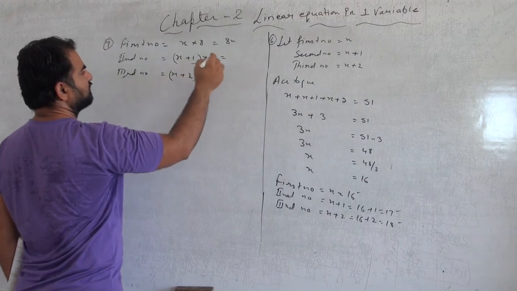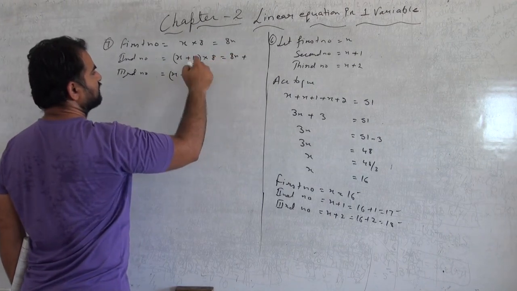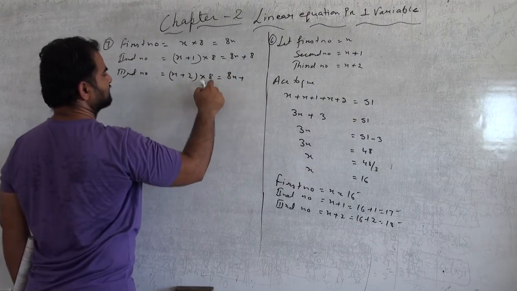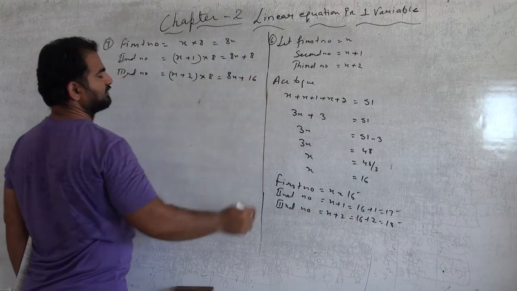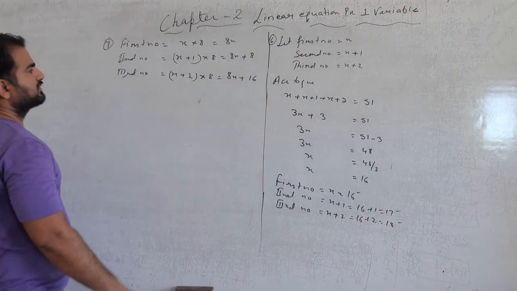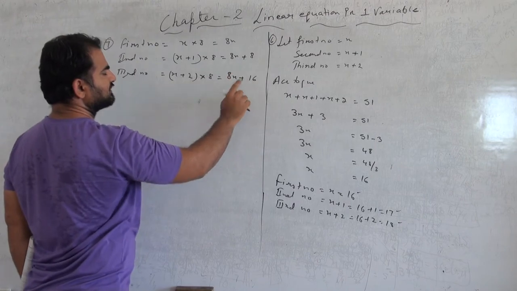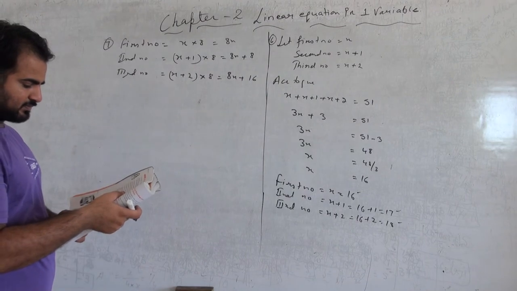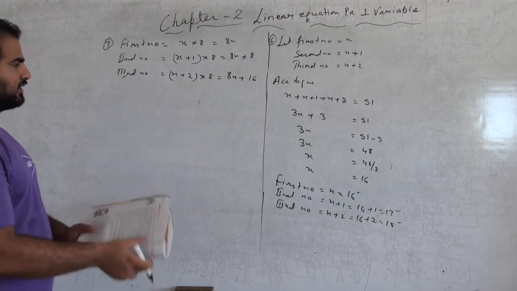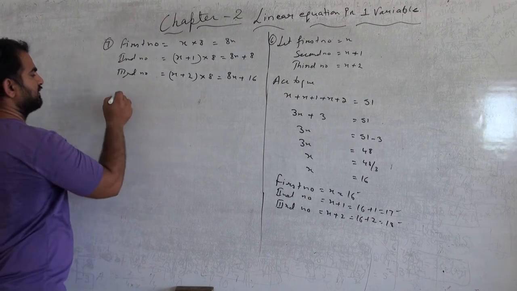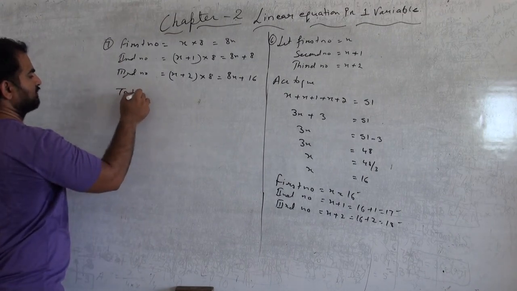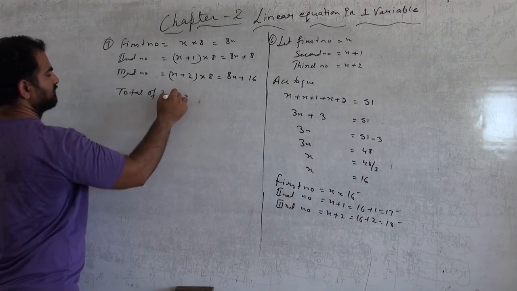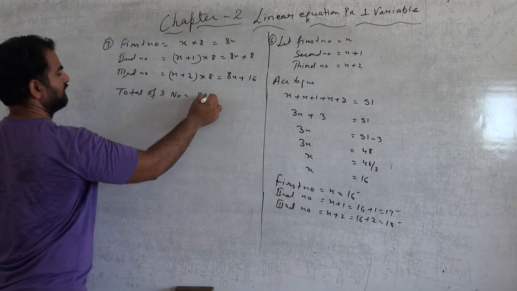8x, 8 into x plus 8 into 1, and this will be 8x plus 8, and 8 into 2, 16. Okay, so the numbers are 8x, 8x plus 8 and 8x plus 16. So what I have to do is find the multiples, and the total is 888. So the total of the 3 numbers equals 888.